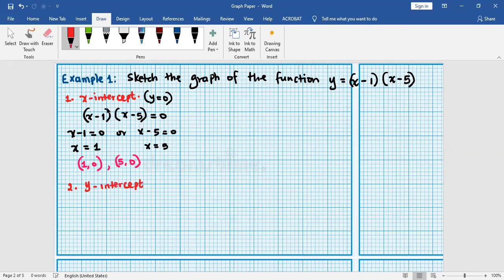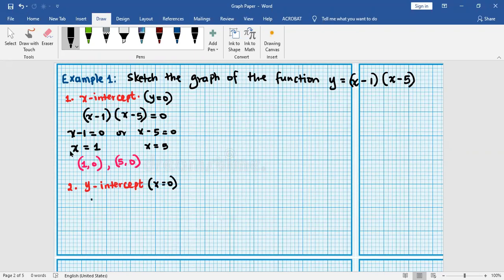Now, y-intercept means that x is equal to 0. We write our equation again the way it is, but we know that x will be 0 for us to get the y-intercept.